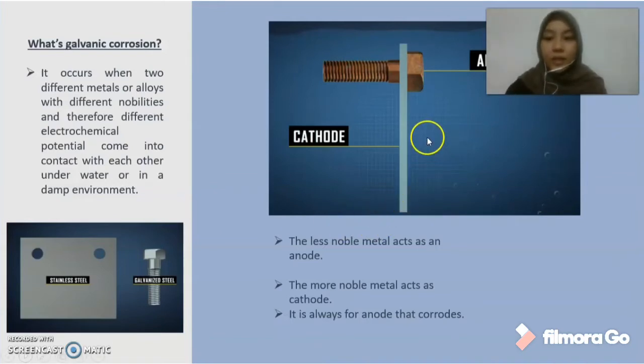In the event of such contact, the less noble metal acts as an anode and the more noble metal acts as a cathode, and it is always the anode that corrodes.